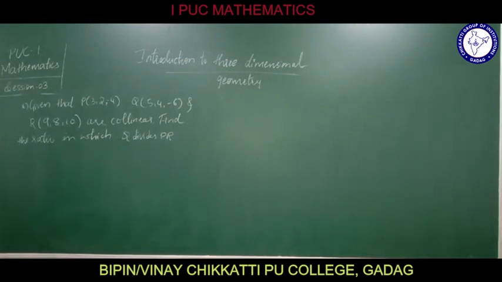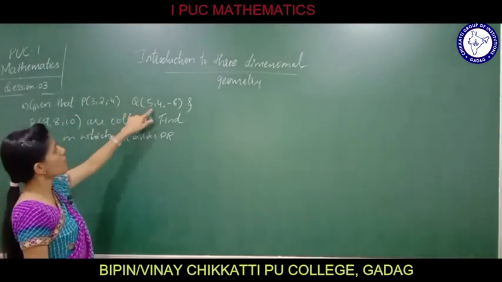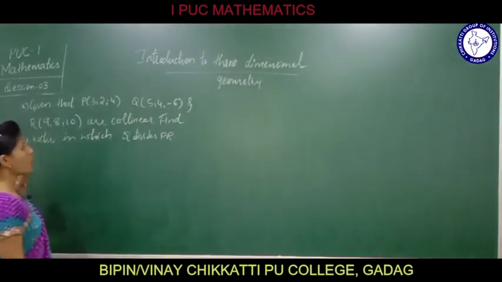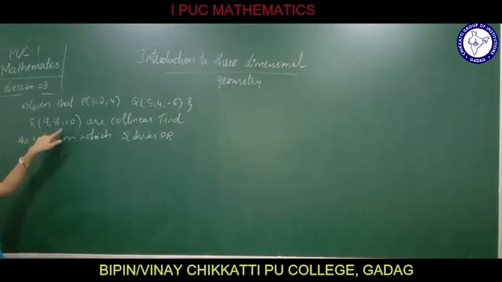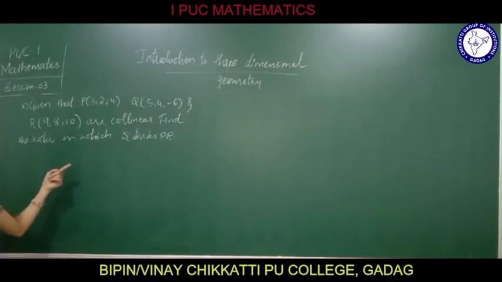They have given 3 points, that is P of 3, 2, minus 4 and Q of 5, 4, minus 6. Also they have given R as 9, 8 and 10. These points are collinear. We need to find the ratio in which Q divides PR. So what we are going to do is Q divides PR in the ratio k is to 1.